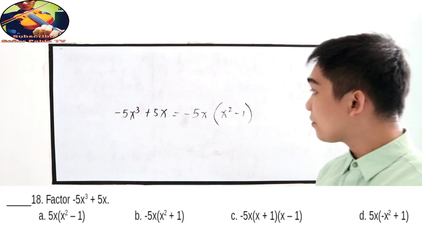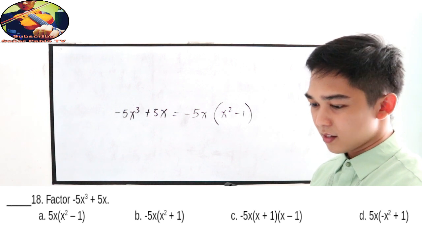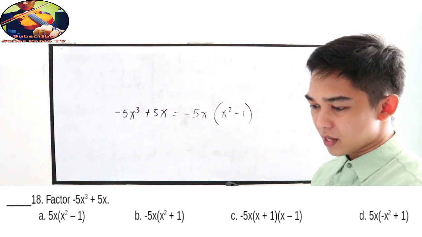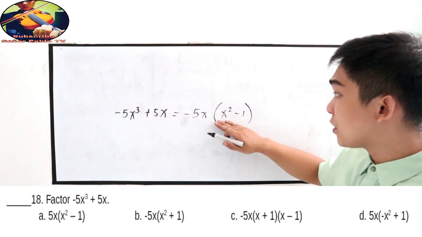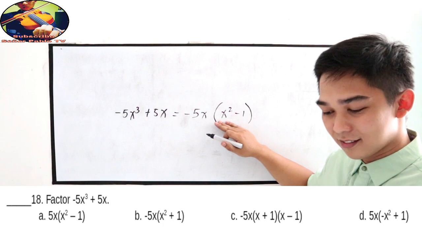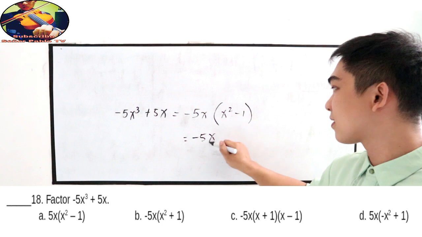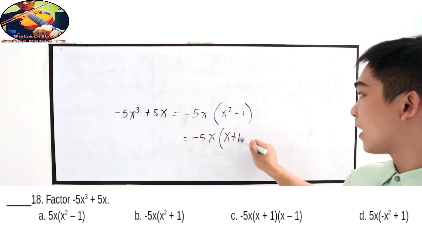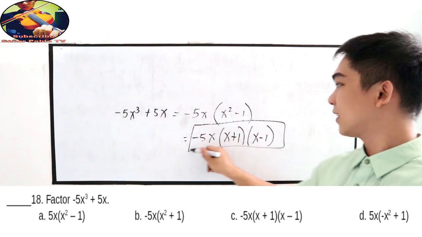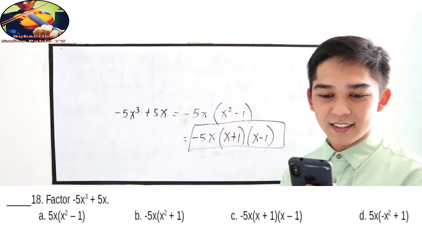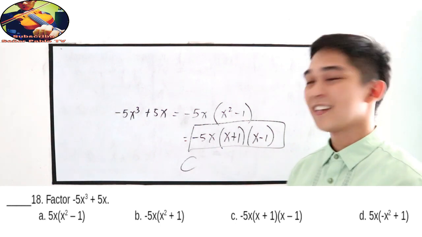So, negative 5x times x squared minus 1. Difference of 2 squares. Pwede pa natin i-factor out. Kita na niyo, wala sa given. So, factor out natin ito. Negative 5x, x plus 1, tsaka x minus 1. Meron na. Number 18, meron na. Letter C ulit, as in cat.